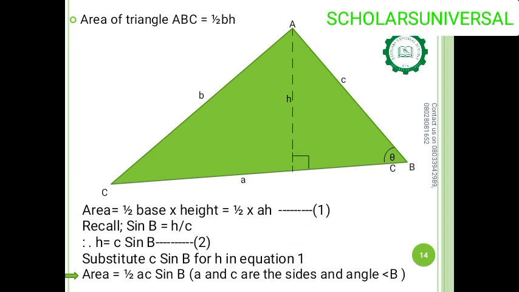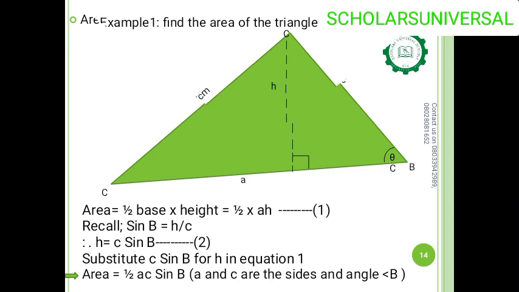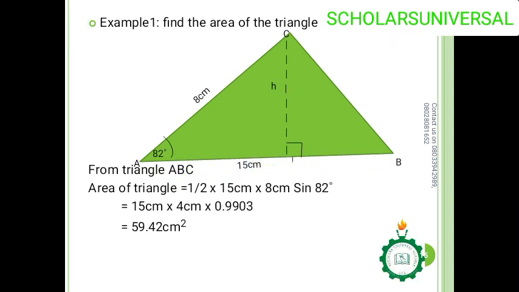When you substitute it, we have 1/2 AC sine B, and your B is the theta. So you can have it as 1/2 AC sine beta. Your A and C are the sides, and that B is your angle B.